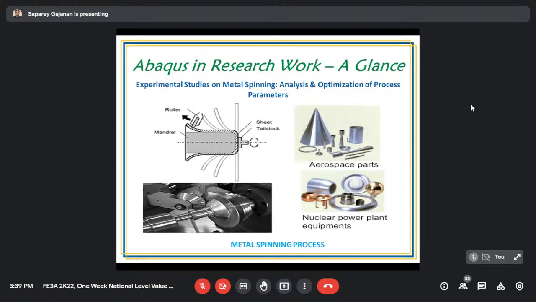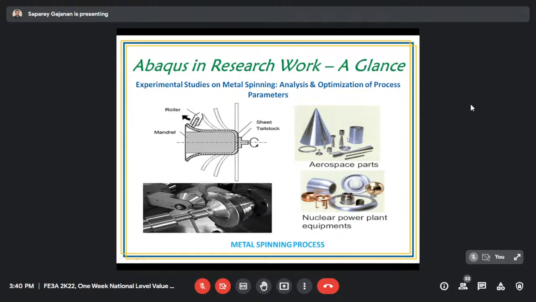The data has to be analyzed, and when you do the experimentation, you find some behavior of the material. The internal behavior of the material can be approximately studied using FE packages, FE software or tools. That is the basic necessity of the tool.